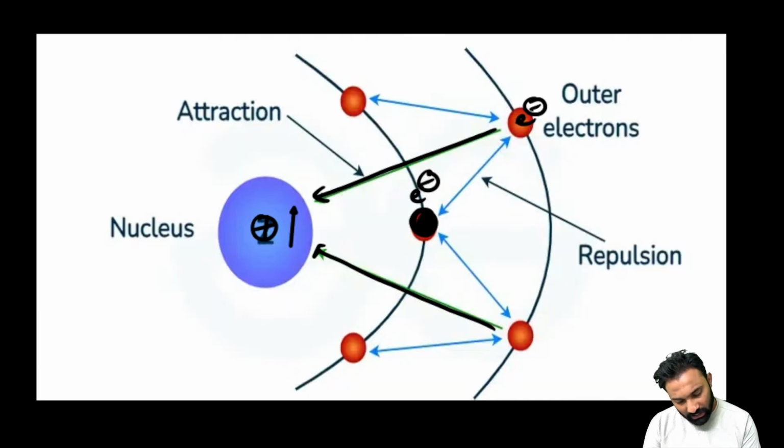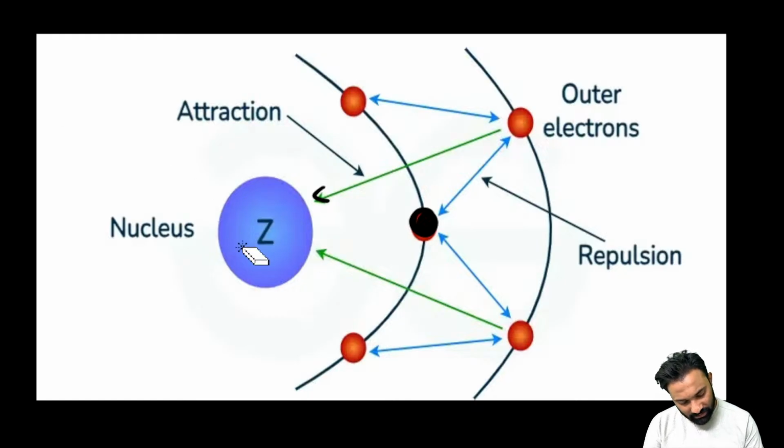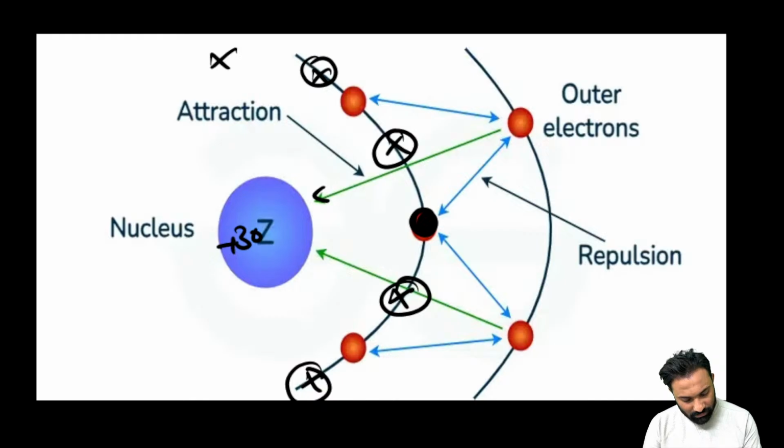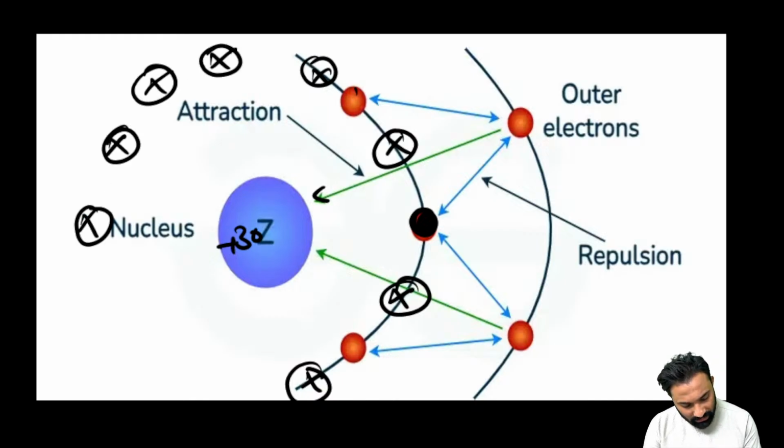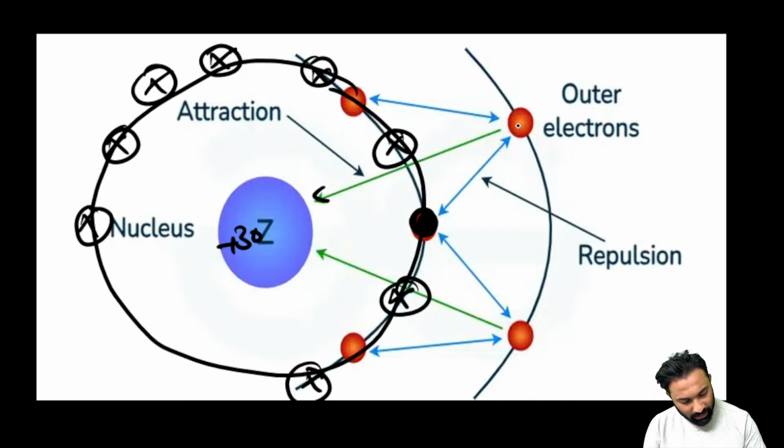Because of what I said: here the nuclear charge increases. For zinc it is now 30 nuclear charge we are having. But the inner electrons are also 10, right? Due to the inner electrons, what will they do? These inner electrons will repel the outer electron very strongly.